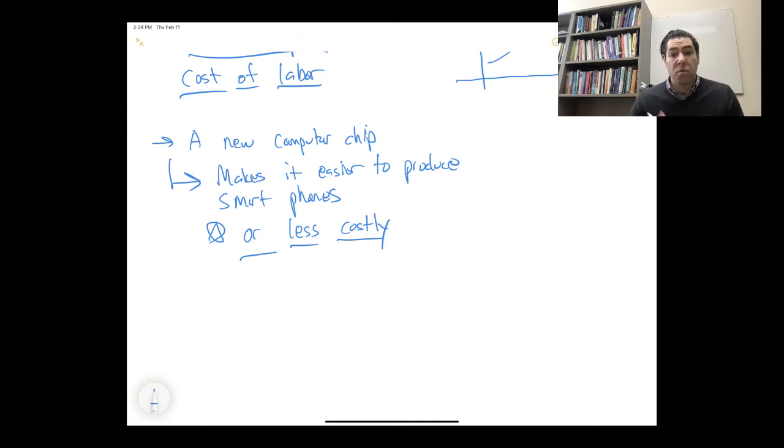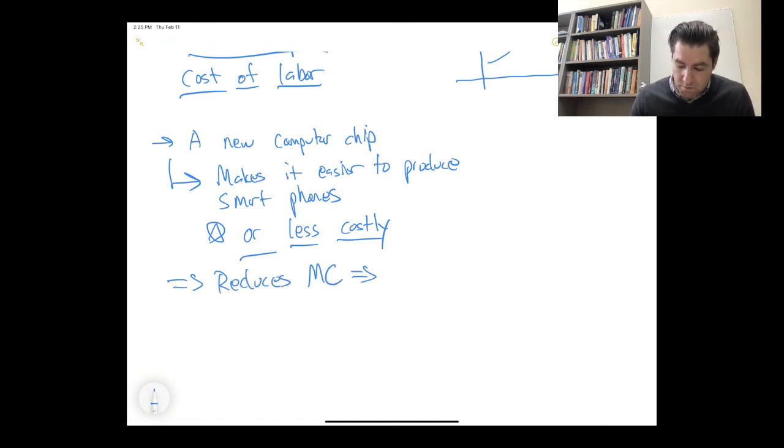We develop better processes, better machines, smarter machines, machines with better computer chips, like in this example, that can put the production together faster and cheaper. And that, as a result, is going to reduce the marginal cost. So supply is going to increase.